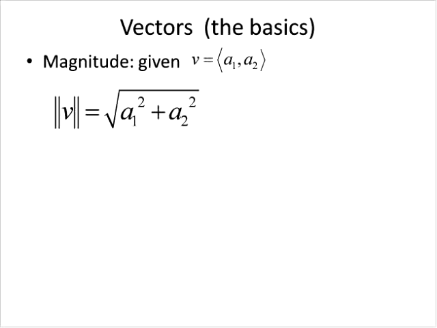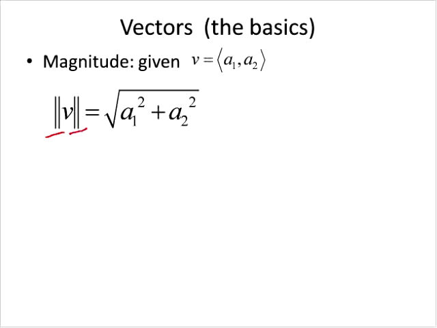The magnitude, of course, is the length of the vector, and the magnitude is given by these weird little double bars. It's like a double absolute value sign. But it's just the square root of a sub 1 squared plus a sub 2 squared.